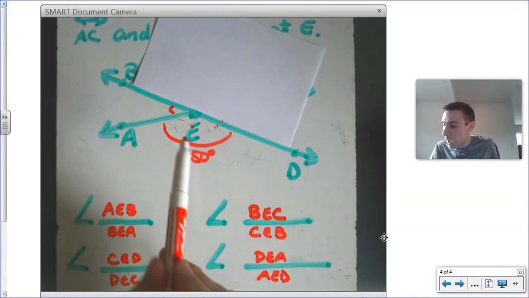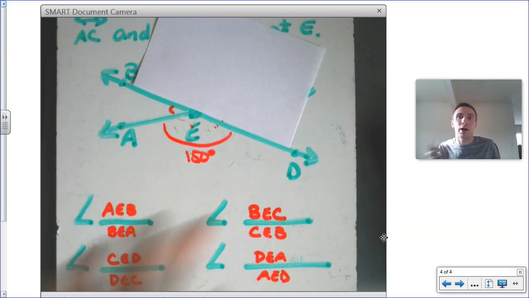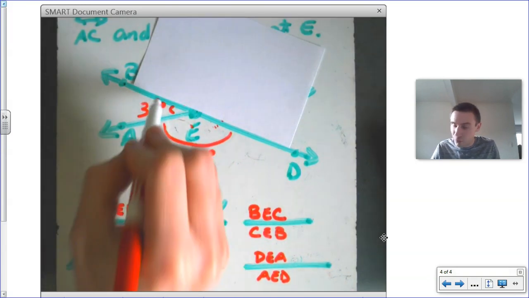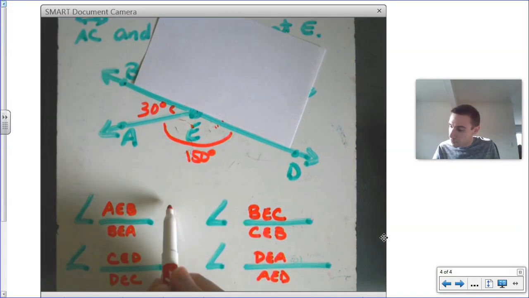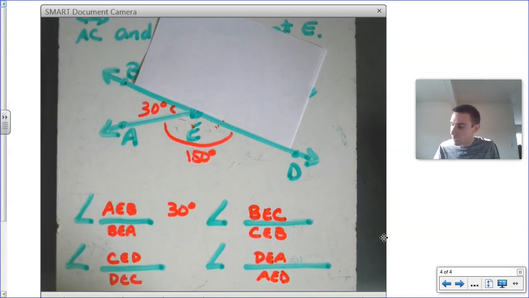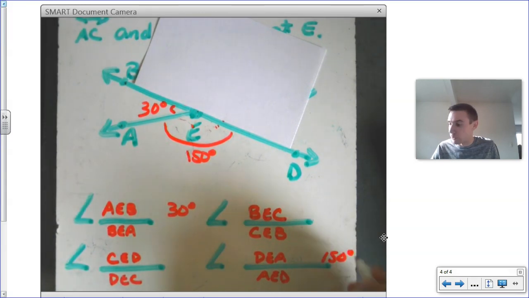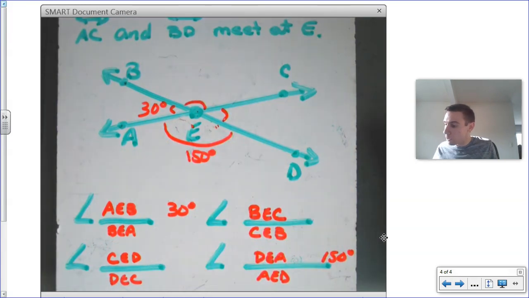So I have 150 degrees right here. I realize I can use 180 degrees take away 150 degrees, and I'm going to end up with 30 degrees right here. So angle BEA is 30 degrees, and angle AED was 150 degrees, right? Well, now I have two angles that are missing still.